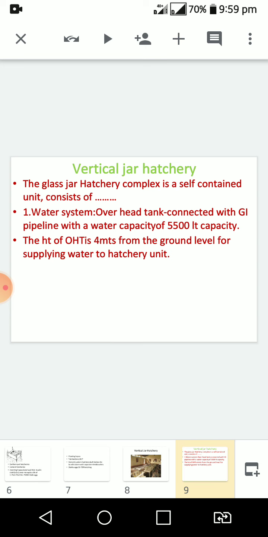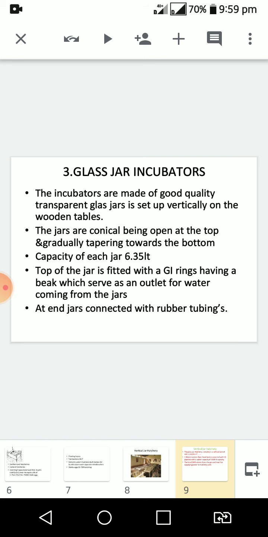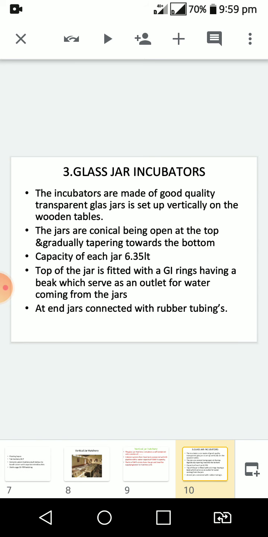This is the water system of the vertical jar hatchery, and the incubators are made up of good quality transparent glass jars set up vertically on wooden tables.